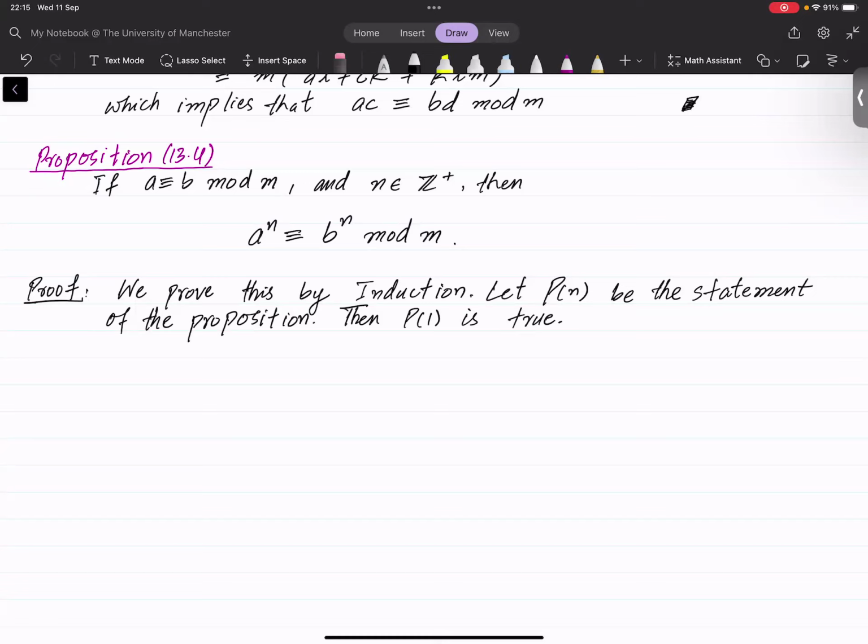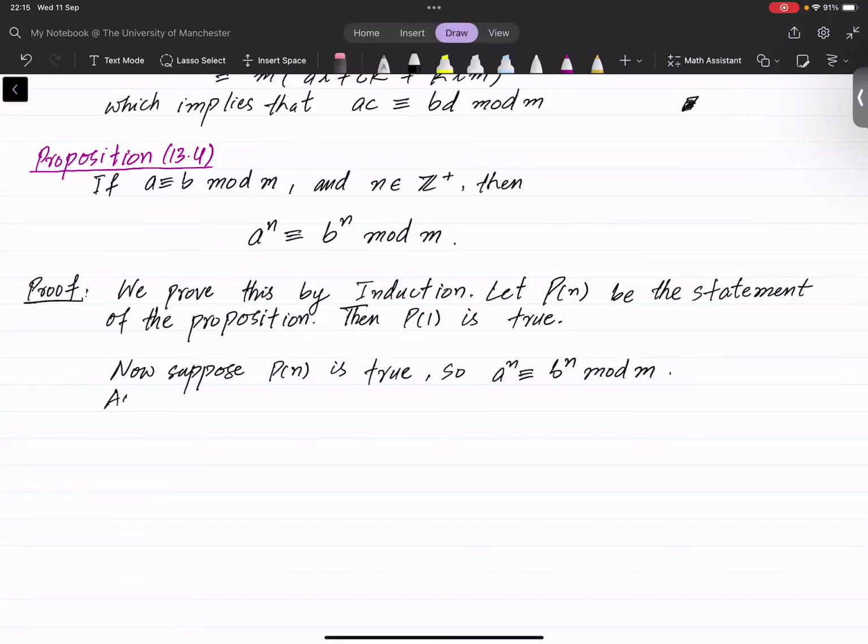Now suppose P of n is true, so a power n is congruent to b power n modulo m.